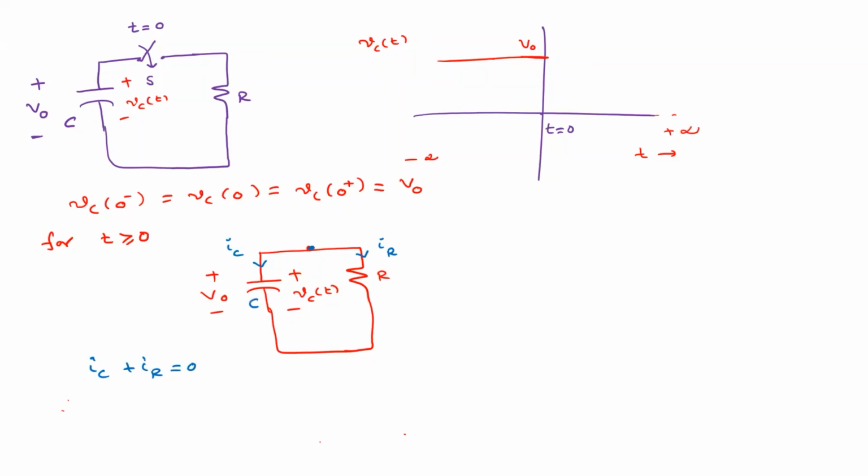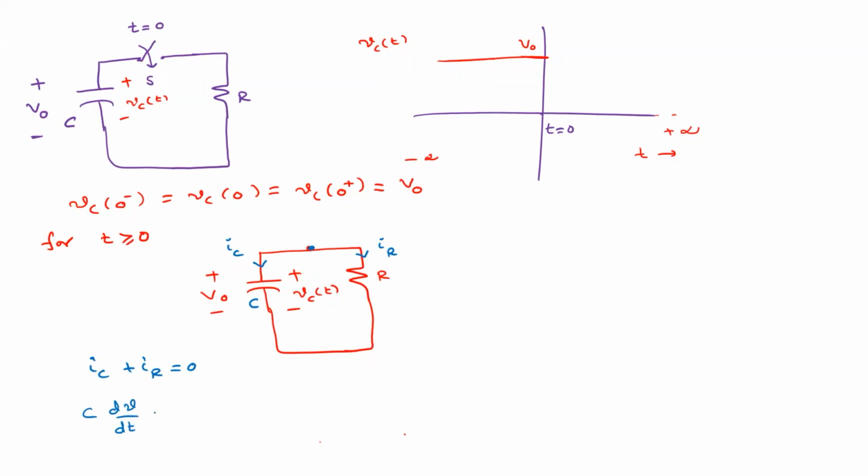What is the capacitor current? It is C into dV by dt. Will it be like this? C into dV by dt. Yes, sir.